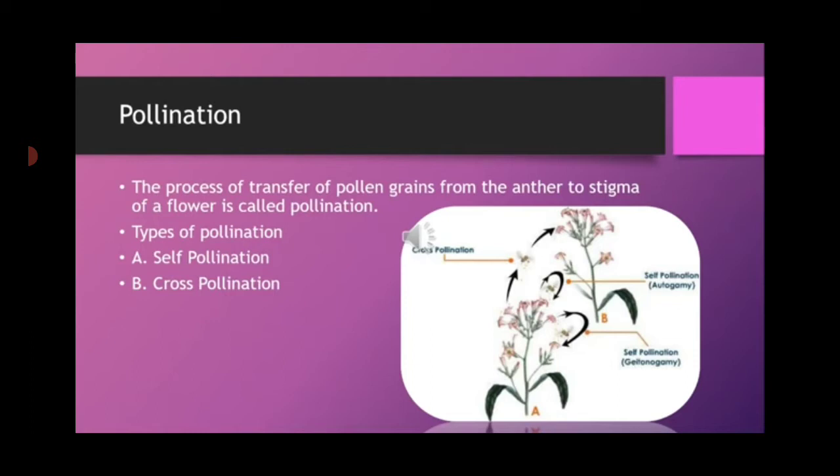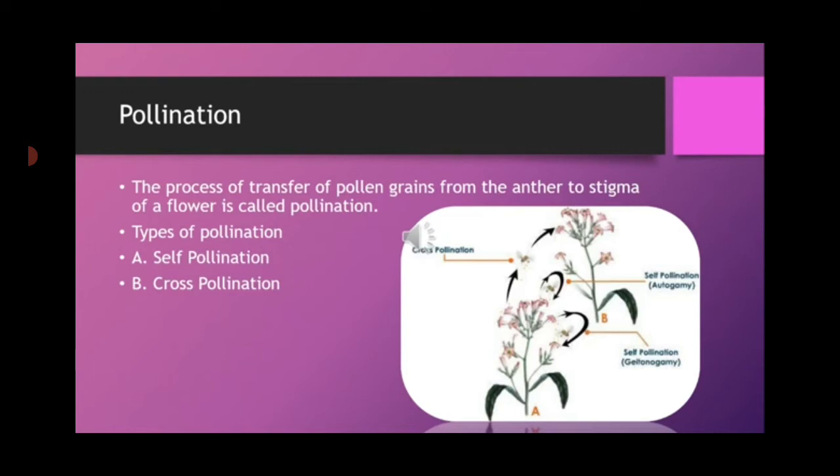What are the two ways? By transferring of pollen grains from the anther of a flower to the stigma of the same flower, or second, by transferring of pollen grains from the anther of a flower to the stigma of another flower of the same plant. So this comes under self-pollination.